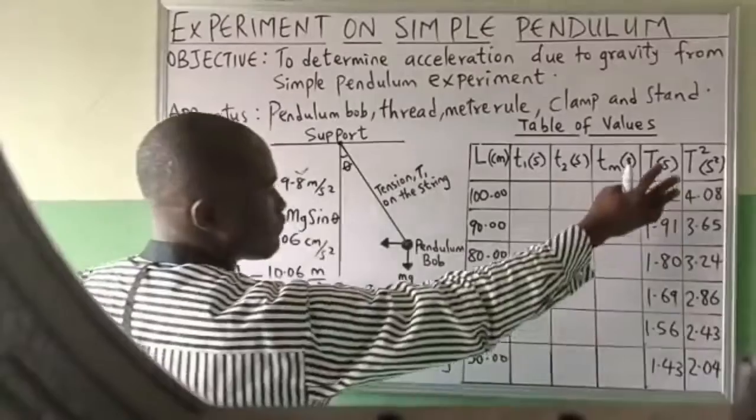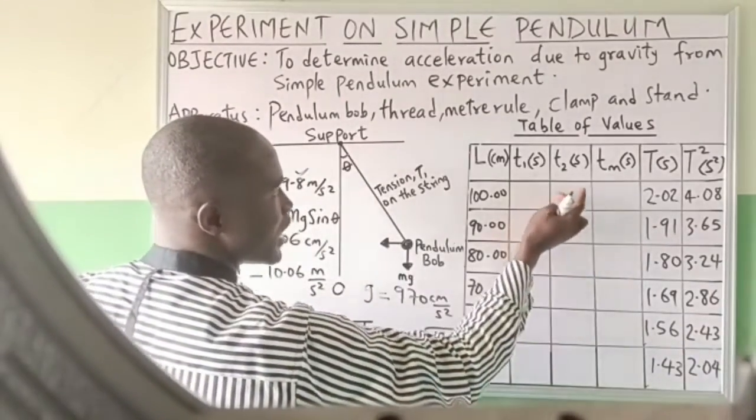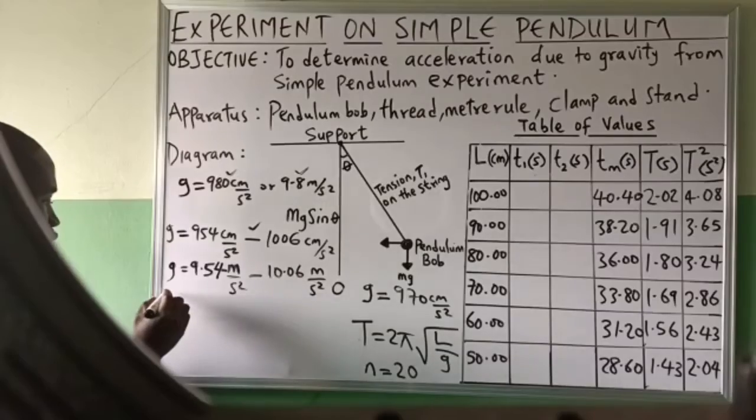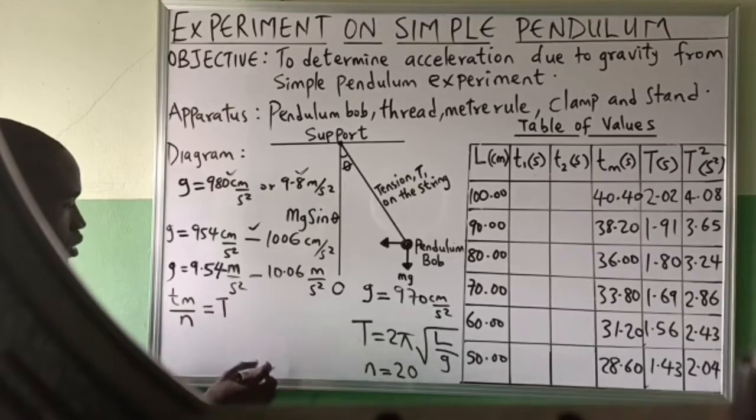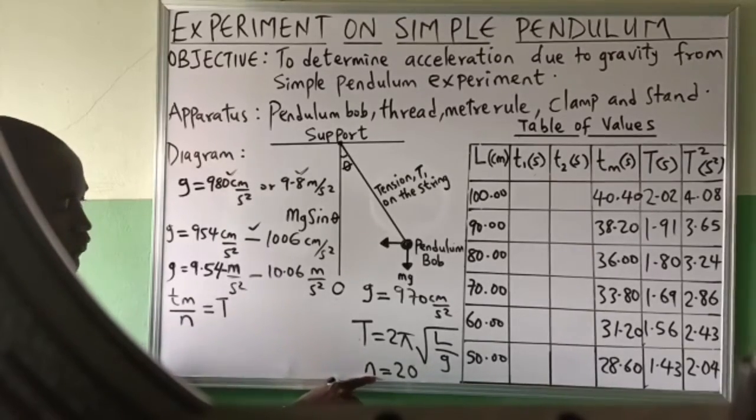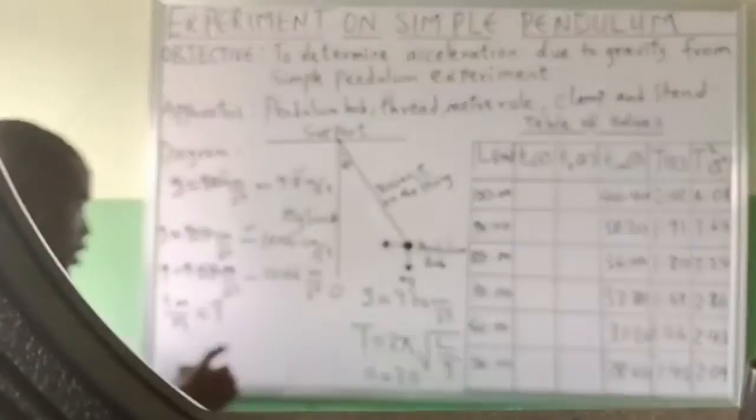Now, as we have gotten all these values, we want to see how to get this value. Recall that mean time all over number of oscillation is equal to period. Now note that the number of oscillation given is 20 oscillations.